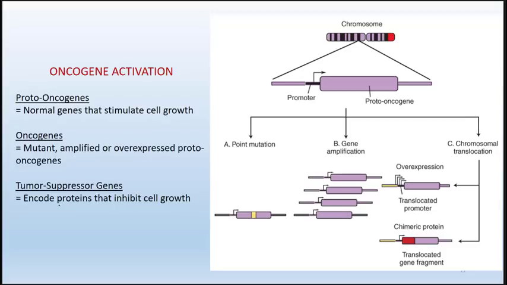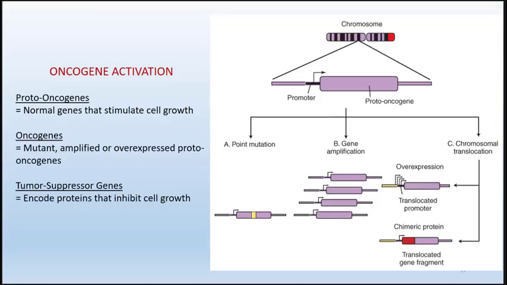Let's talk about a few more terms that you need to be aware of when it comes to the concept of oncogene activation. Let's start with oncogene. An oncogene is a gene that in certain circumstances can transform a cell into a tumor cell. The cell ends up being forced to mutate out of control. So it's a mutant gene. It could be an amplified or overexpressed proto-oncogene, and we'll talk about what a proto-oncogene is shortly.